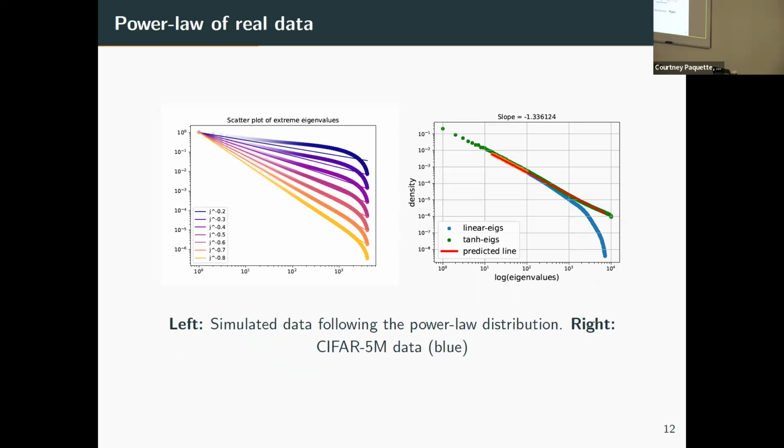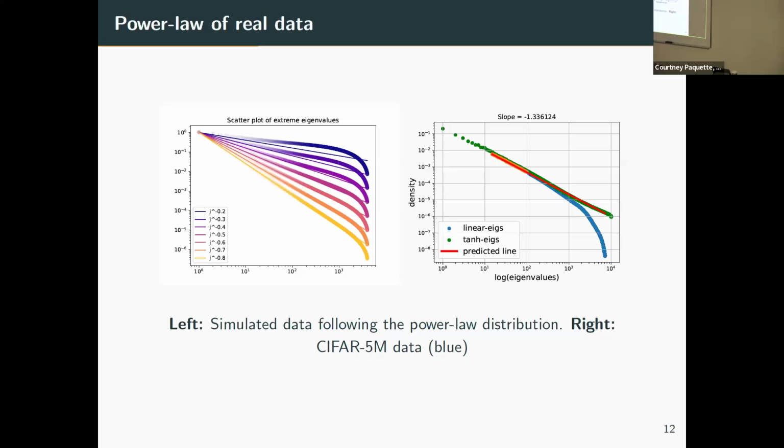Language data itself has for a long time been known to have power law distributions all over it. So what do I mean by this? This is a synthetic version of this. You take the covariance of your data and plot the eigenvalues from largest to smallest, and you get a curve like this when you have a power law.